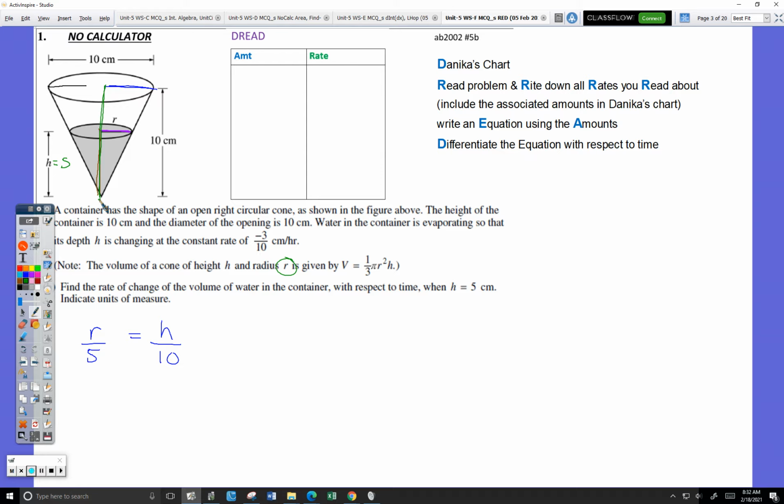Do you need me to go through it again? So sure enough, if you simply multiply both sides by 5, you discover exactly what Daniel told us. The radius is equal to exactly 1/2 the height. Or if you prefer decimals, 0.5 times h.